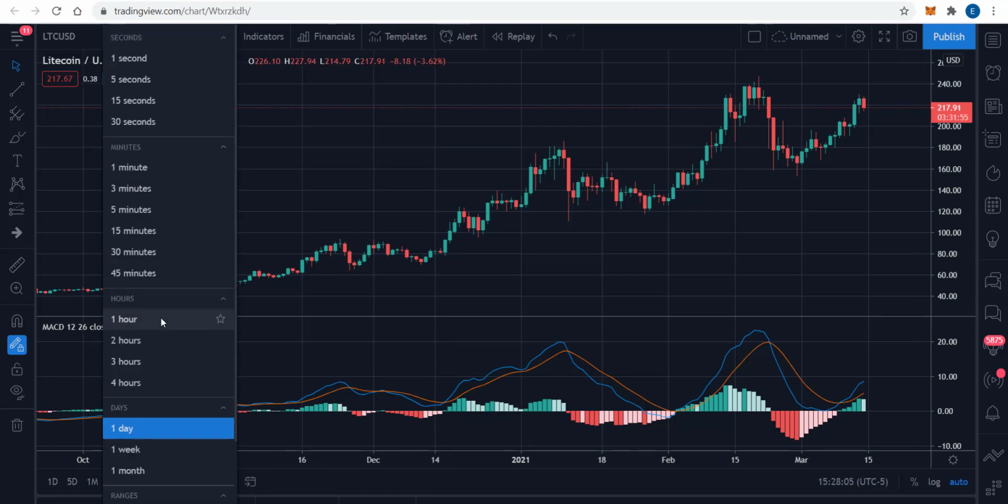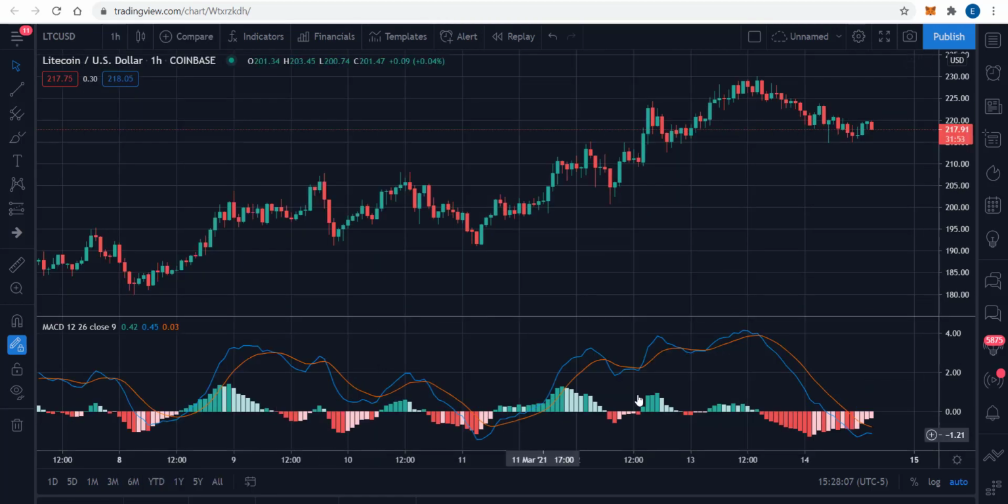Let's look at the 1 hour though. In the 1 hour, we did get that pullback with that last trend. And look, you've got the MACD and the signal line sitting below. They're sitting in oversold territory. I would love to see that cross and see the MACD, the blue line, start to cross into the positive like it did back here on March 11th.